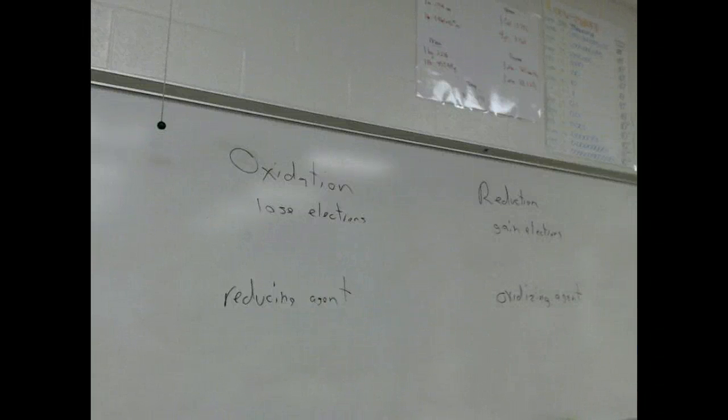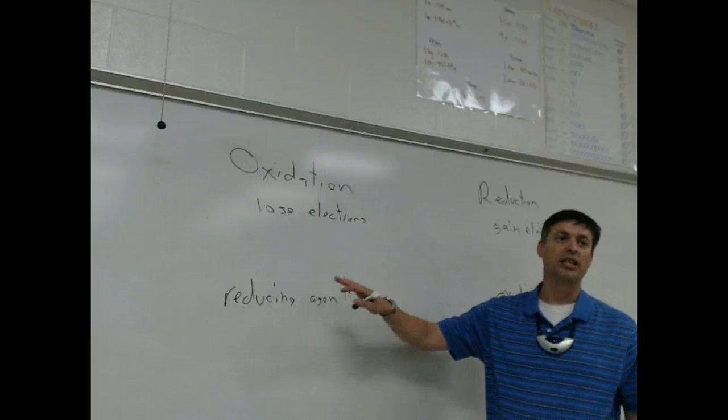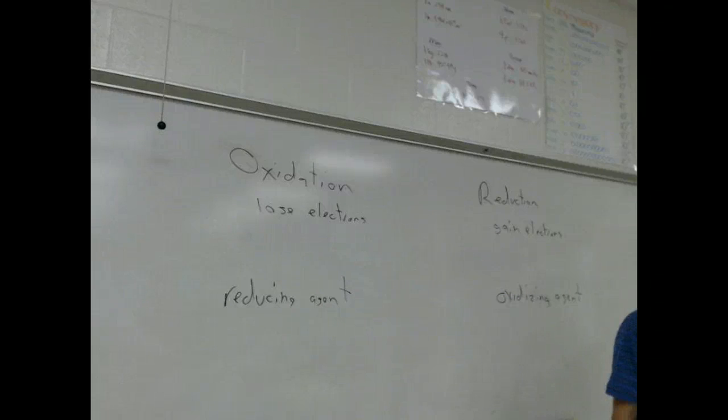Who goes on vacation? You or the agent? You do. The travel agent doesn't travel. The reducing agent isn't reduced. It's oxidized. It causes the other thing to be reduced. Are we clear about that?